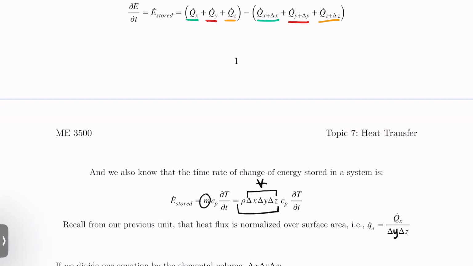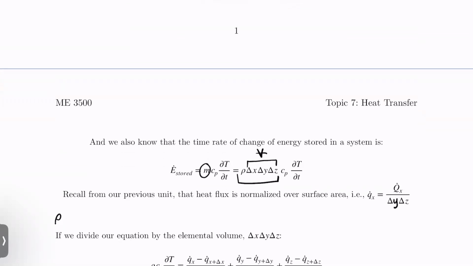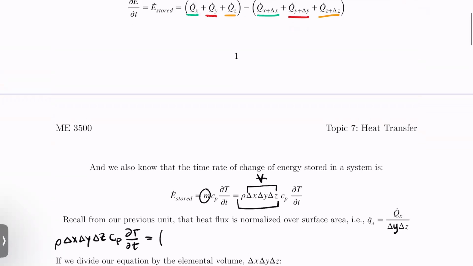Okay, so if we take our equation, we have rho delta x, delta y, delta z, Cp, partial T, is equal to q dot x plus q dot y plus q dot z, minus q dot x plus delta x plus q dot y plus delta y plus q dot z plus delta z.